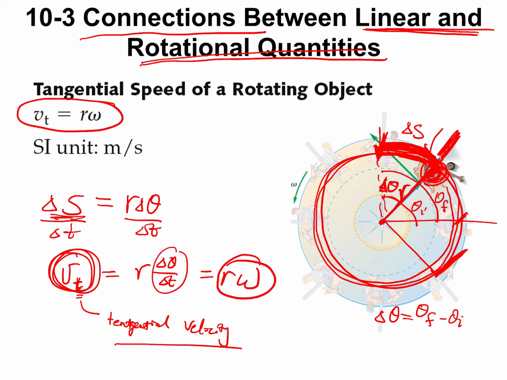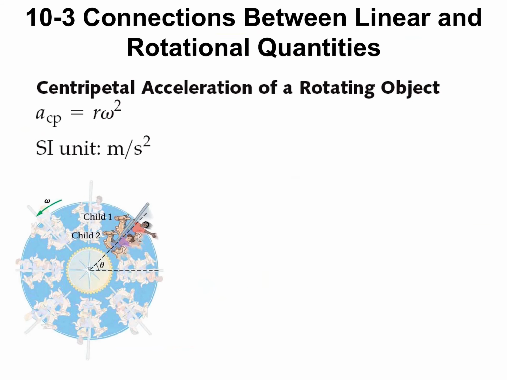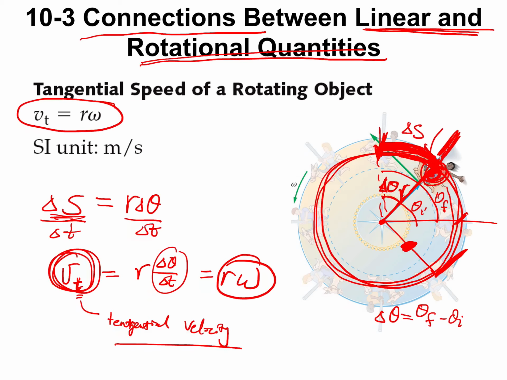Remember, if this is a disk or anything, you may have another person riding a horse here. Everybody will have the same angular velocity because the whole unit rotates along this axis with the same angular velocity. Omega is the same. However, everybody will have a different linear quantity because it depends on the distance r from the axle to this position.